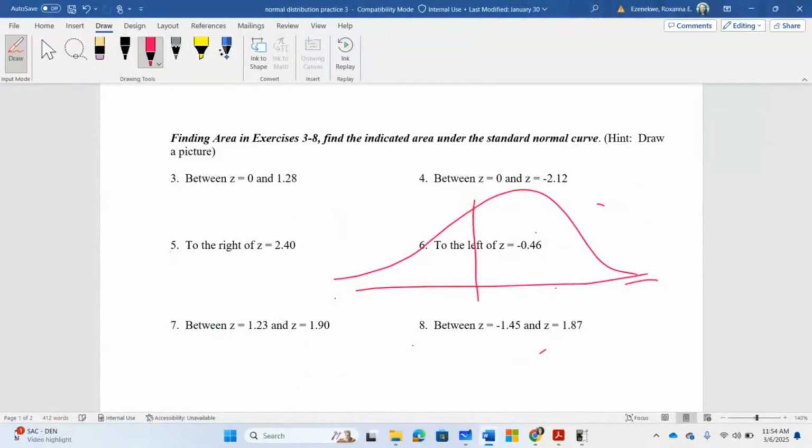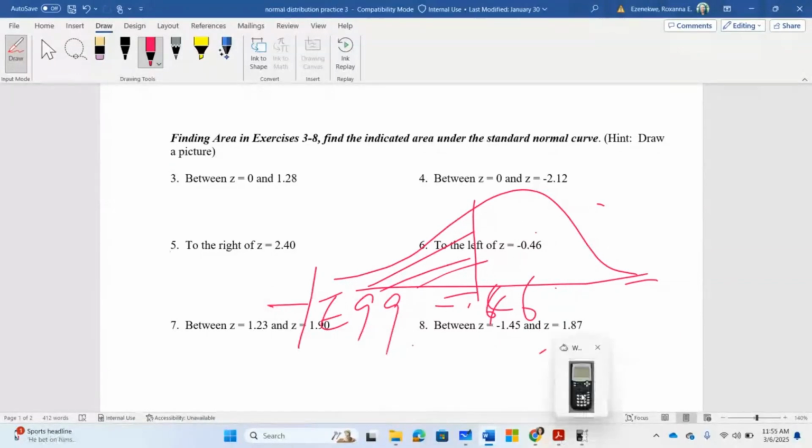It's on the left-hand side of the mean, negative 0.46. So I'm told to find the area to negative infinity. That's what it means. So I'm going to shade the area. Negative infinity is negative 1 E to the power 99. Okay, then the next thing is to calculate.